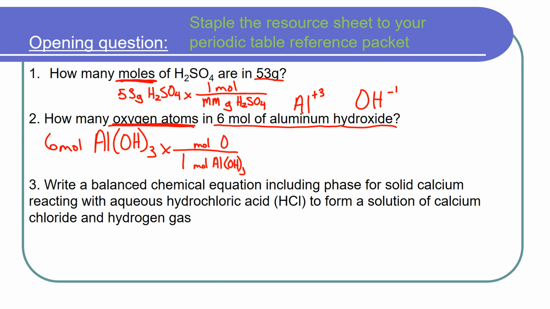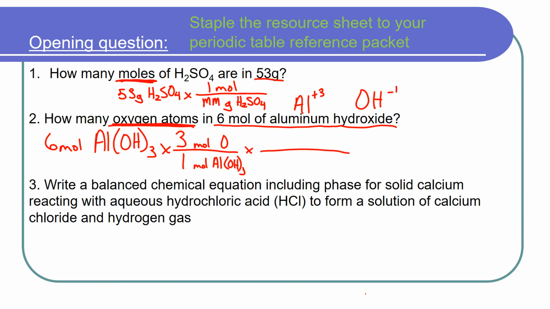So look at the formula. How many oxygens do I have in aluminum hydroxide? I have 3, because 3 times 1 is 3. So for every 1 mole of aluminum hydroxide, I have 3 moles of oxygen. So essentially I have 18 moles of oxygen.